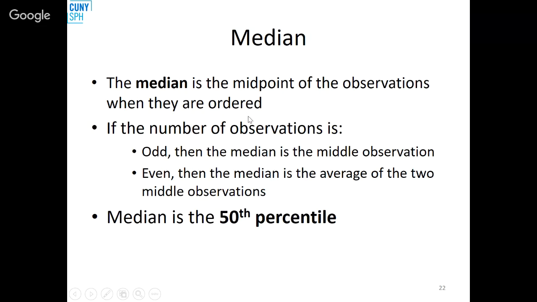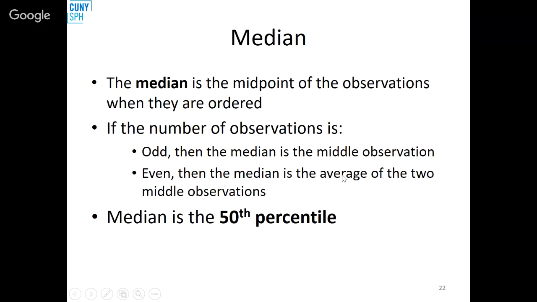The median, it's just the midpoint. It's easy if there are an odd number of observations. It's just the one in the middle where there are equal numbers of values above and below. If it's even, one way to do it is the average of the 2 middle observations.